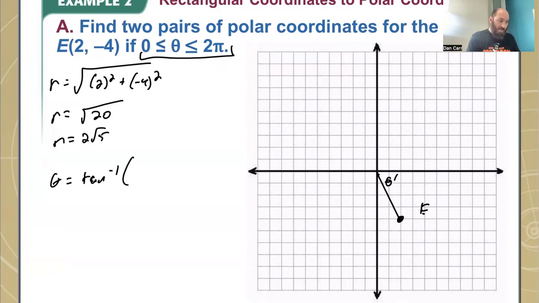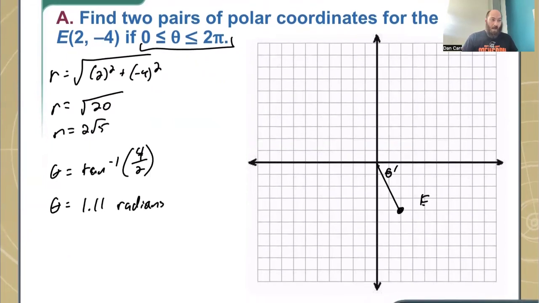In this case, I'm just going to put it into positives, 4 over 2. When I plug this in my calculator, my theta comes out to 1.11. Make sure you're in radian mode, because this is 1.11 radians. That 1.11 radians is theta prime, my reference angle here.